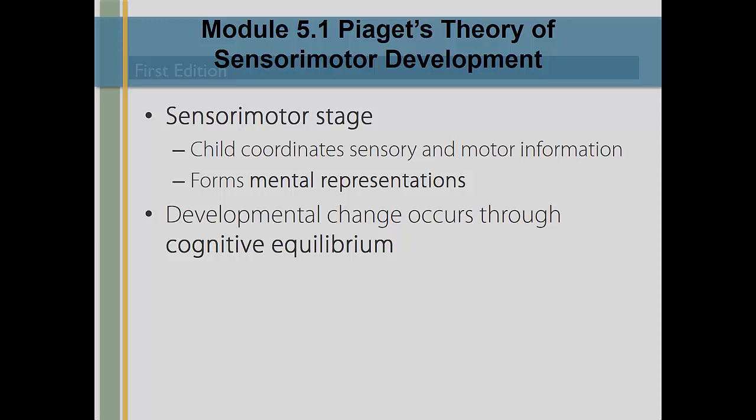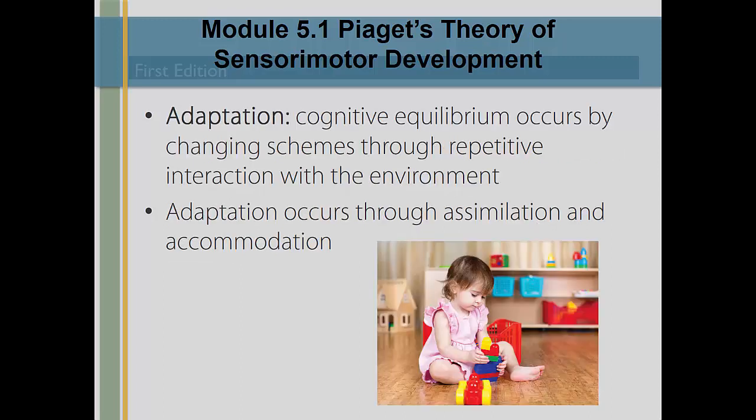Developmental change occurs through cognitive equilibrium, in which the infant is motivated to act on or understand the world successfully. Cognitive equilibrium occurs through adaptation and organization. In adaptation, the infant achieves cognitive equilibrium through modification of schemes in repetitive interaction with the environment.